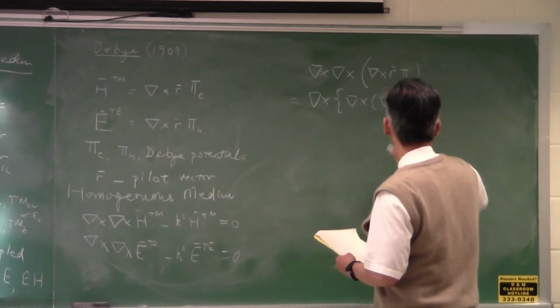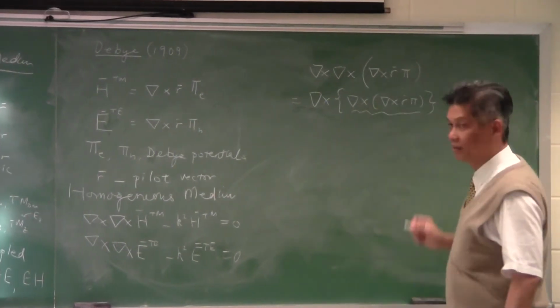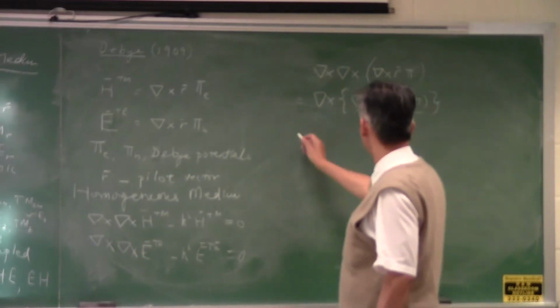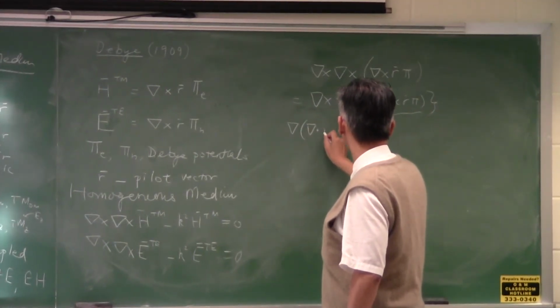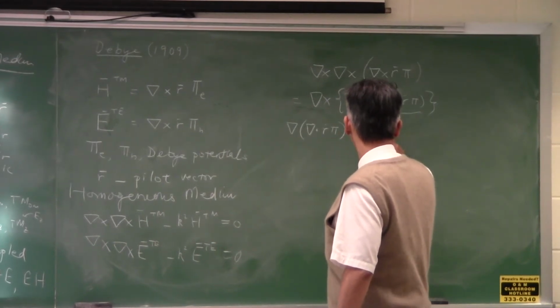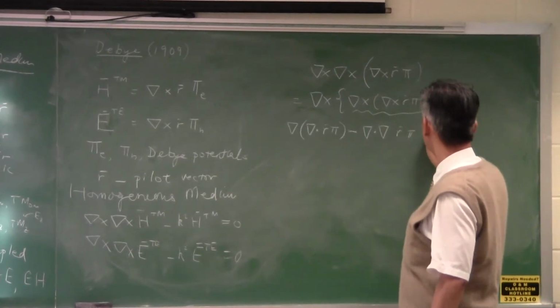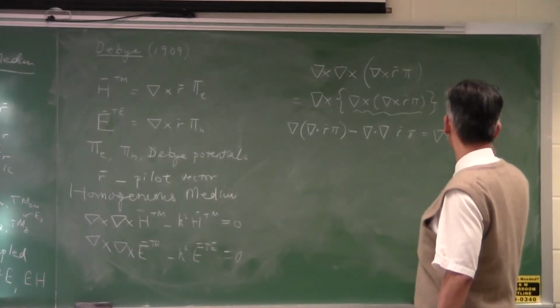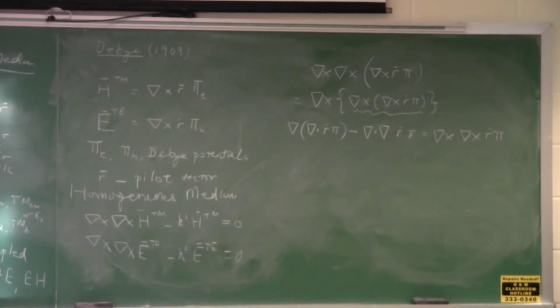R prime. I think most of us know how to simplify this from our undergraduate knowledge. That is equal to the gradient of the divergence of R prime minus the Laplacian of R prime. This must be curl of R prime. Everybody agrees?